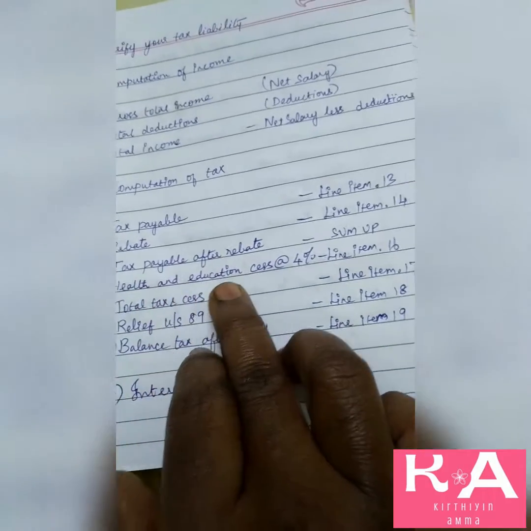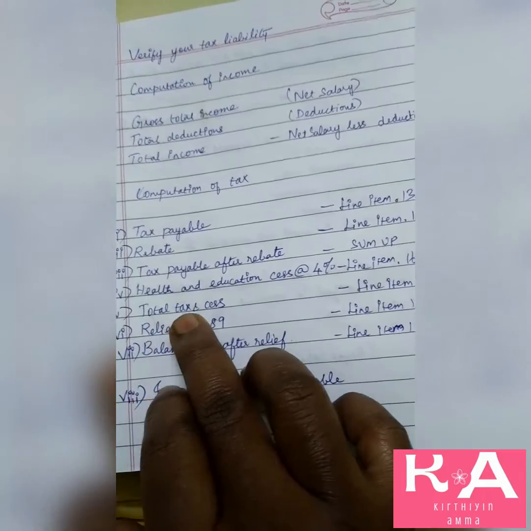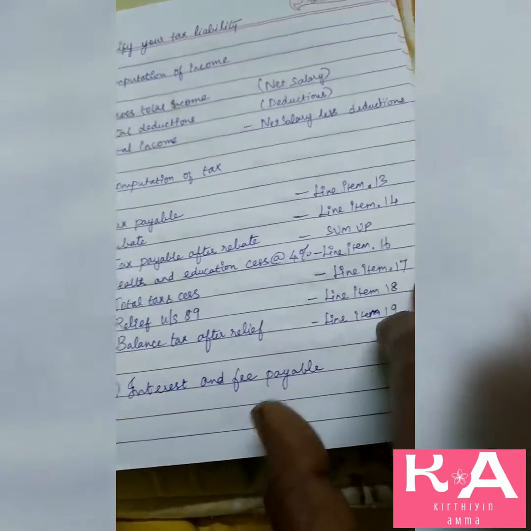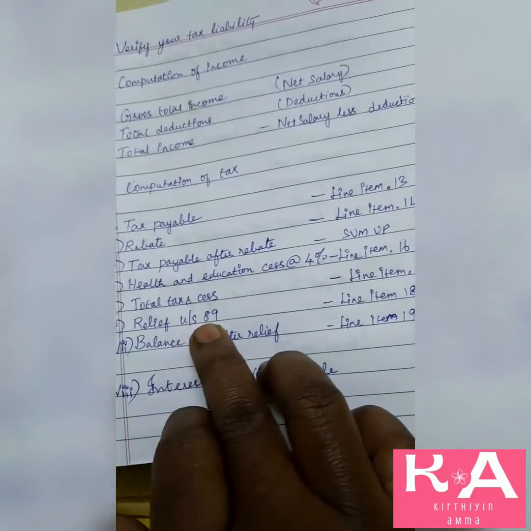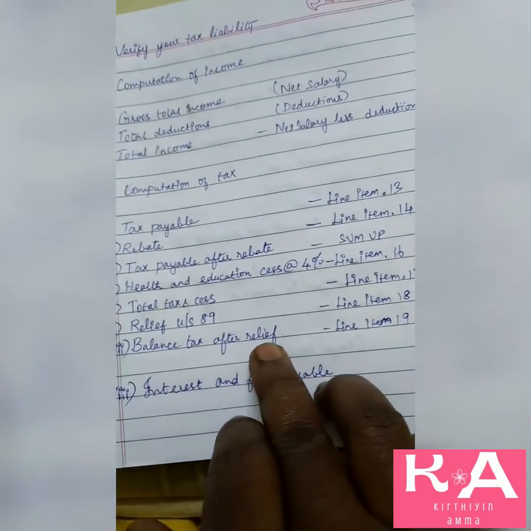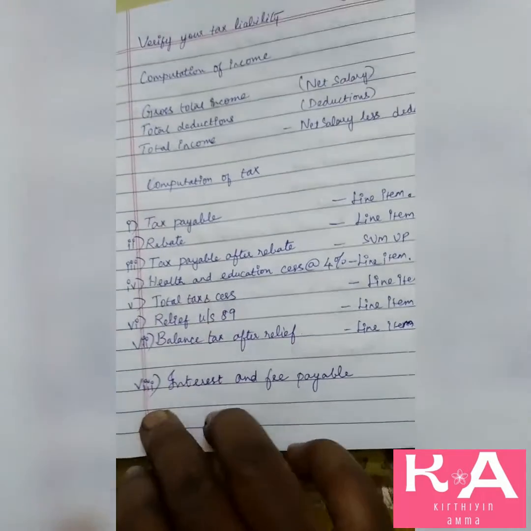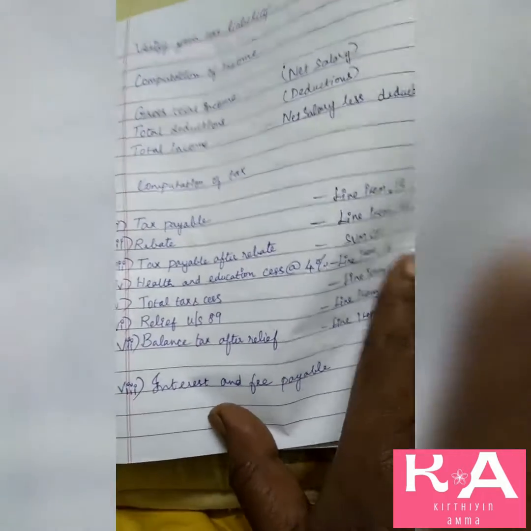Health and education cess at 4%, line item 16. Total tax and cess, line item 17. Relief under Section 89, line item 18. Balance tax after relief, line item 19. So then you will have interest and fee payable.